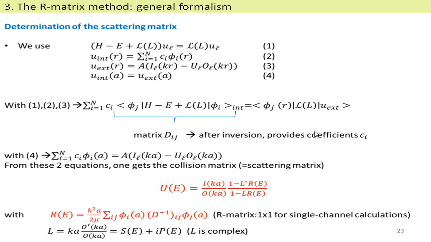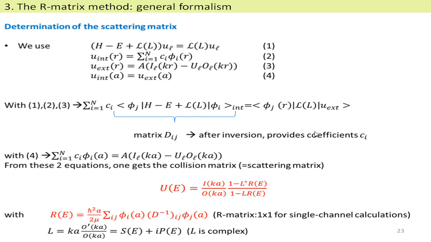And then you use the continuity equation here. So you have an additional equation. You have n unknown quantities, the c_i here. You have one unknown quantity, which is the scattering matrix. And so you have n plus 1 unknown quantities, and you have n plus 1 equations. So everything is well defined.